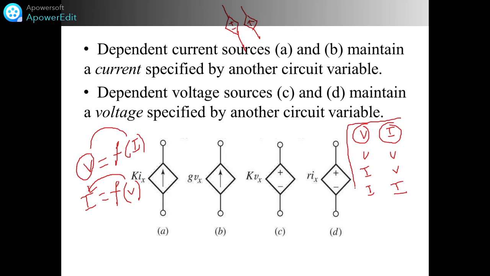Based upon these four combinations, they differ in their quantity and magnitude.